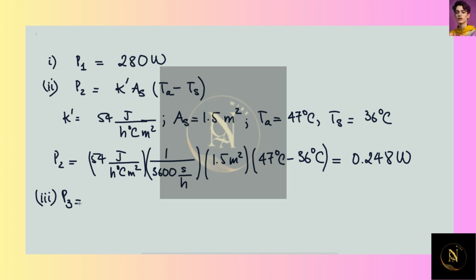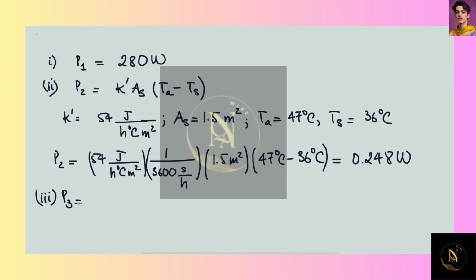The third mechanism is absorbing the radiation energy from the sun, and this is also pretty simple. The radiation energy from the sun has an average power per unit area of 1400 watts per meter squared.